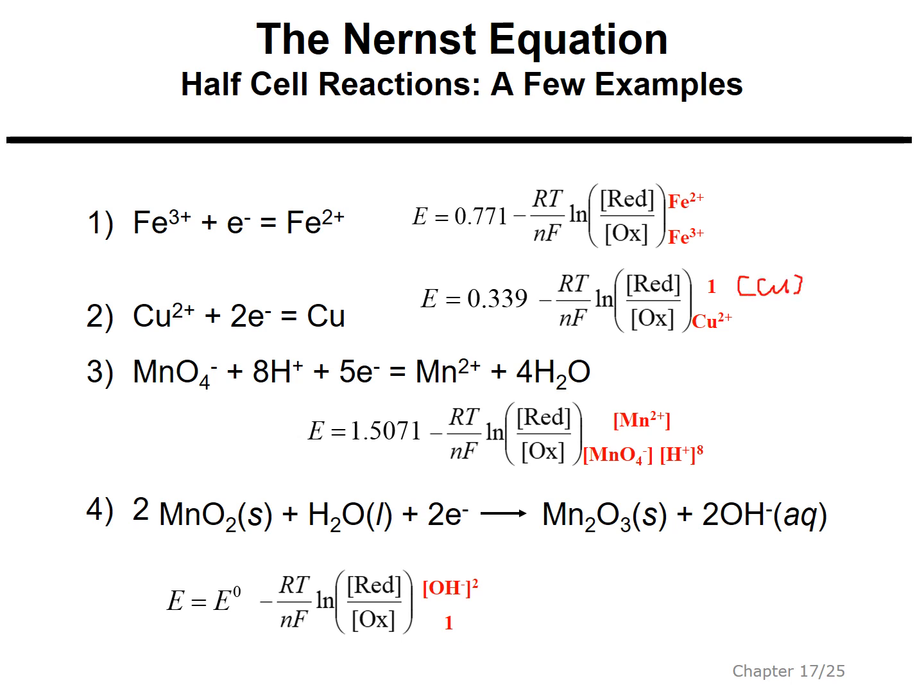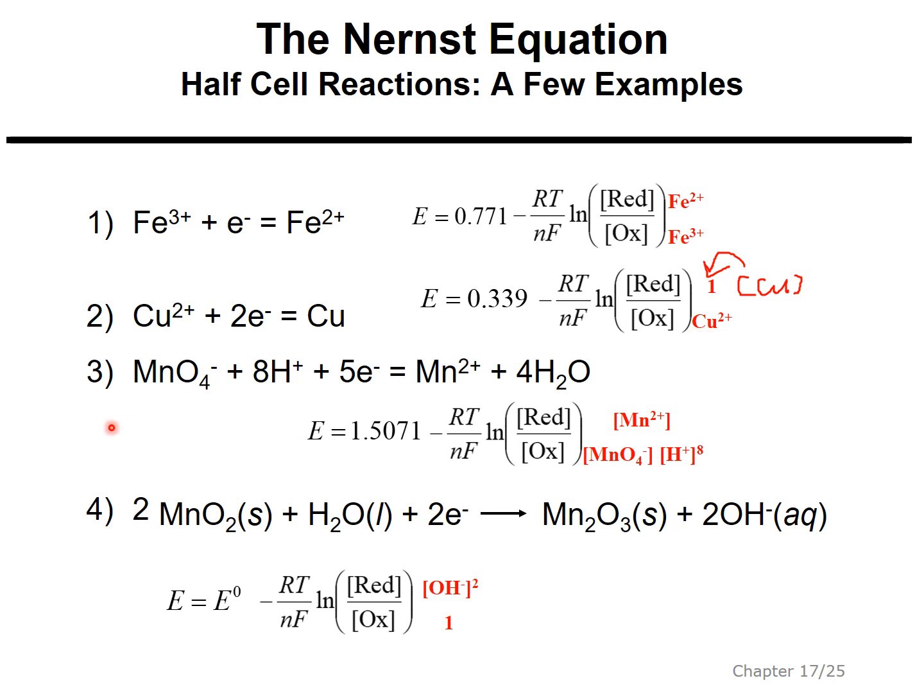But the concentration or activity of solid materials is considered as just one. Always. Remember? The one for solid material. And then in the denominator, copper 2 plus, the reactant. So 1 over copper 2 plus.